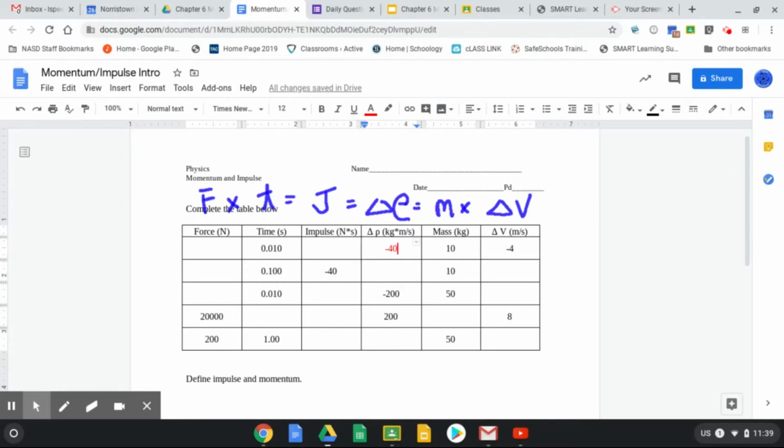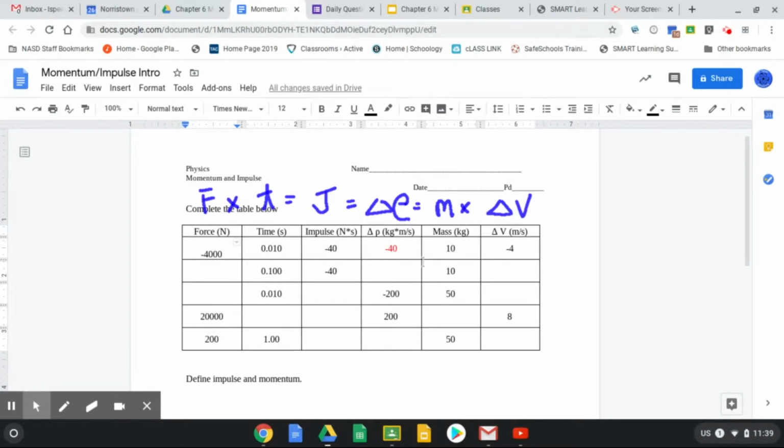That impulse, in newton seconds, is also negative 40. And if the time interval that it took to create that change was 0.01 seconds, by dividing 40 by 0.01, that means I need a force of negative 4,000 newtons to produce that impulse.